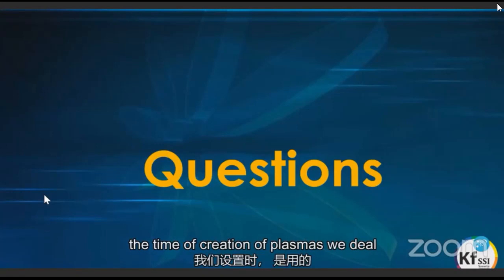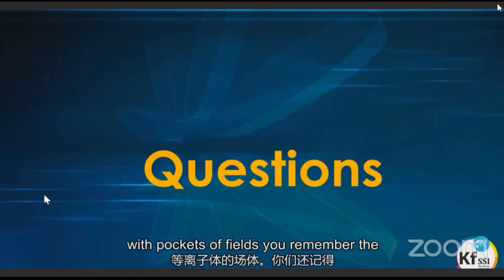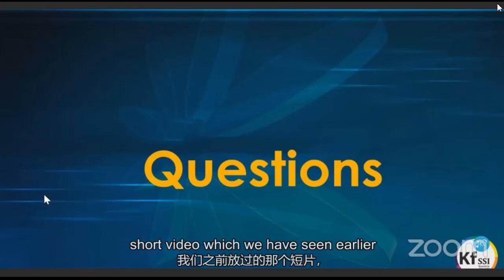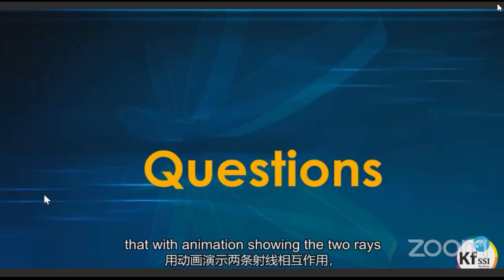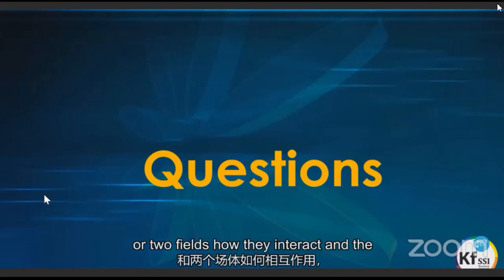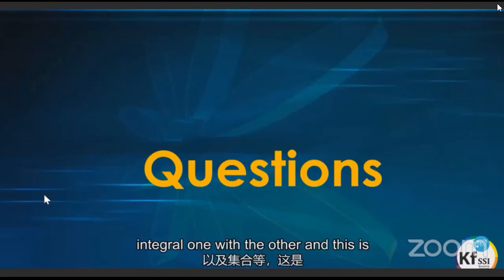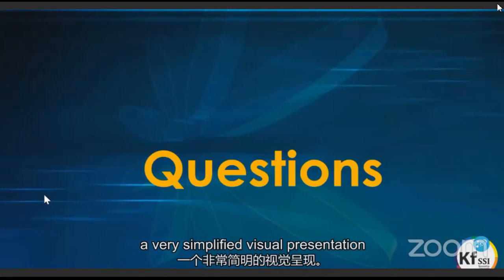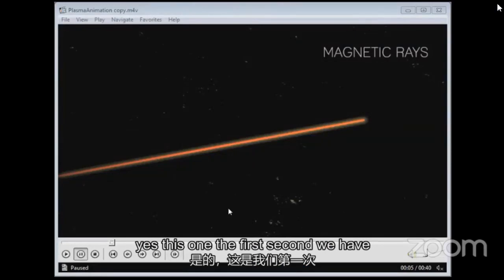So at the time of creation of plasmas, we deal with packets of fields. You remember the short video which we have seen earlier? That is animation showing two rays or two fields, how they interact and they entangle one with the other. And this is a very simplified visual presentation.